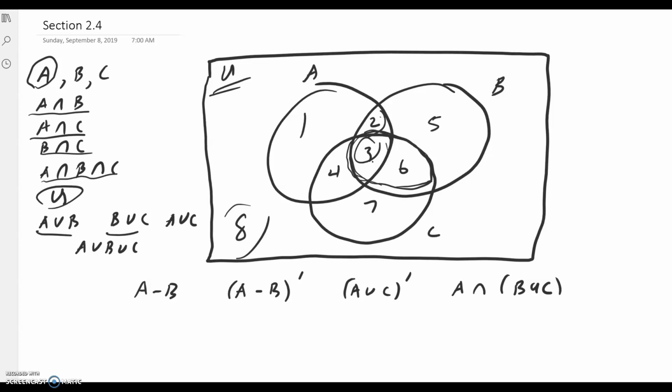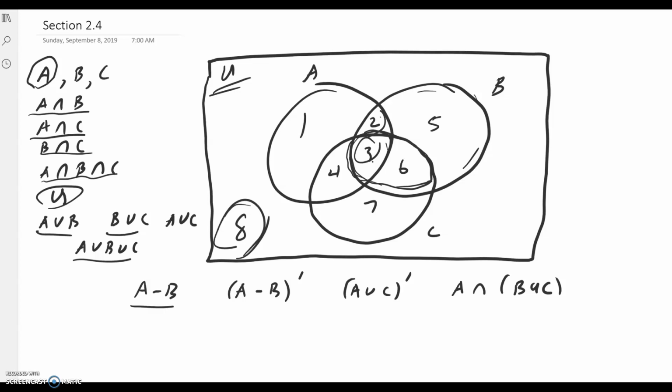B union C, we have 2, 3, 4, 5, 6, 7. It's everything inside these circles together. A union C, 1, 2, 3, 4, 6, 7. Everything in A and C all put together. A union B union C, it's everything that's in any of these circles, so it's 1 through 7. The only one missing is 8.